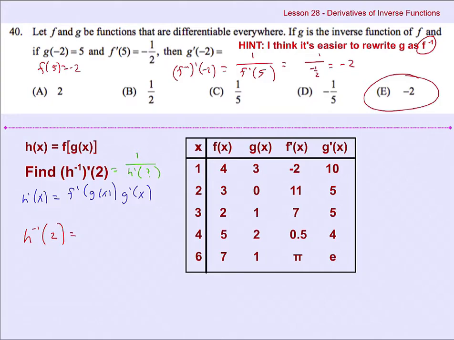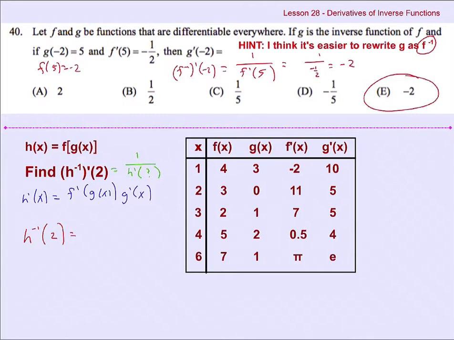h inverse of negative 2, sorry, h inverse of positive 2, means what number, when you plug it into h, will turn out to be 2. Well, we can figure that out. h is f of g of x, which means that the last thing that will happen to the function h is whatever f does to a number.